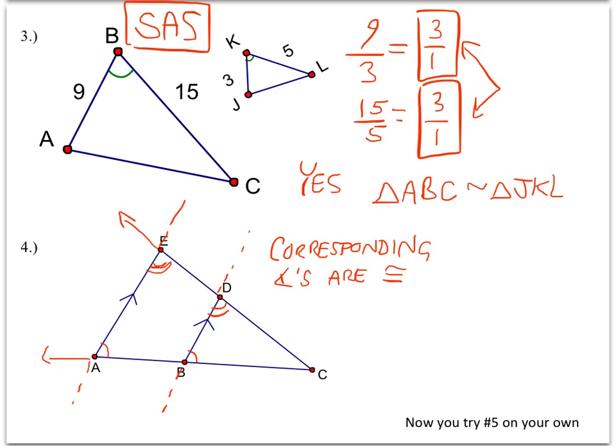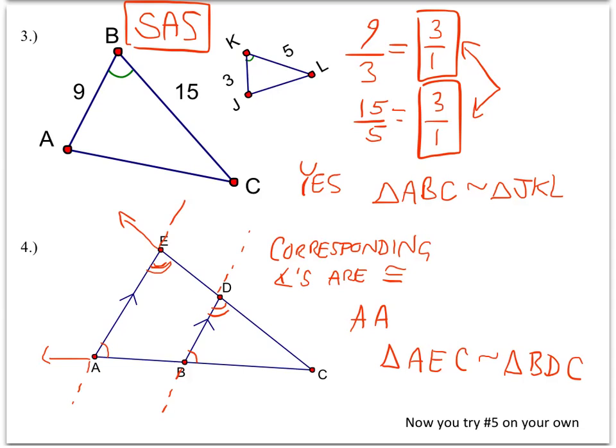So now what I have is, in the smaller triangle, DBC, we have two angles congruent to the larger triangle, EAC. So by angle angle, we can say that yes, these are similar. Triangle AEC, that's the larger triangle, is similar to triangle BDC.